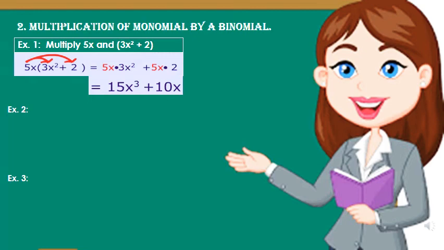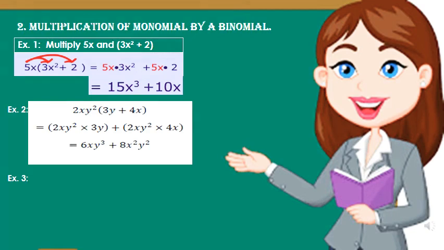Hope you all understood how to multiply monomial with a binomial. One more example for you all. Here the monomial in this case is 2xy square and the binomial is 3y plus 4x. Follow the same steps. Distribute the monomial to both the terms in the binomial.